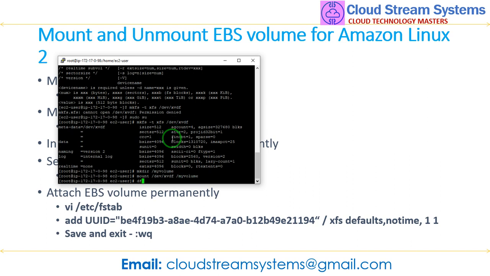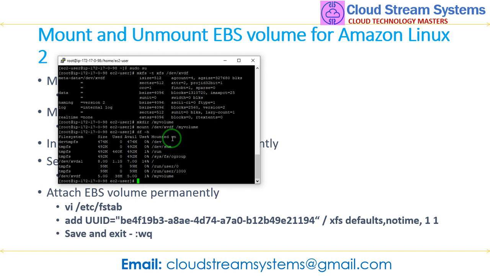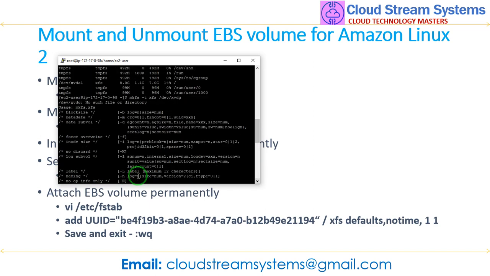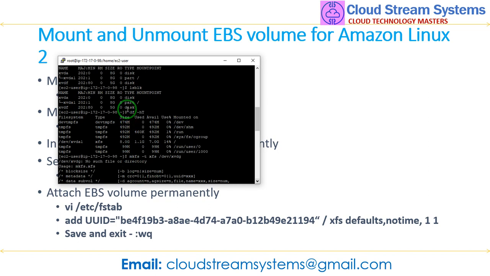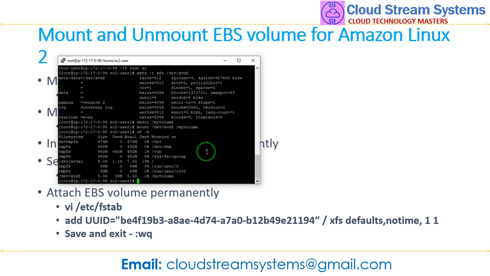Now let us see whether it's attached successfully. So df -h, if you go over here, see, it's successfully attached. Myvolume with disk space 5 gigabytes. If you go to the top, when you ran df -h earlier, you didn't see that volume over here, right? But once you perform this mount command, you're able to see it successfully.